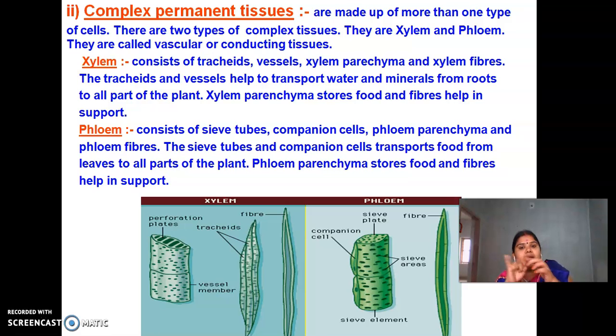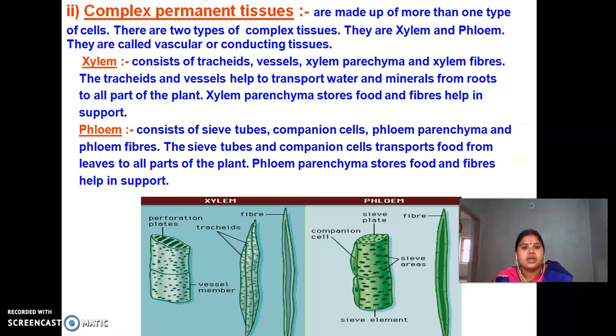Okay, one more time I am explaining complex permanent tissues, which are of two types, xylem and phloem. Xylem and phloem together are called vascular bundles or conducting tissues. Xylem consists of tracheids, vessels, xylem parenchyma, and xylem fibers. Tracheids and vessels help to transport water and minerals from root to all parts of the plants, xylem parenchyma stores food, and xylem fibers help in support.